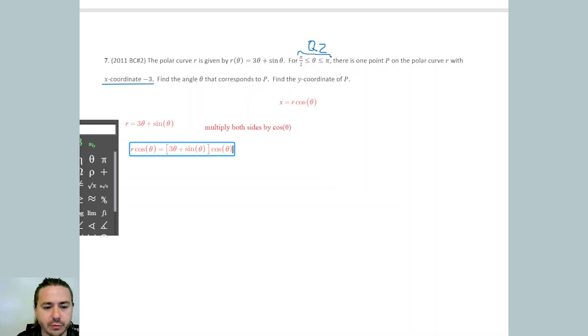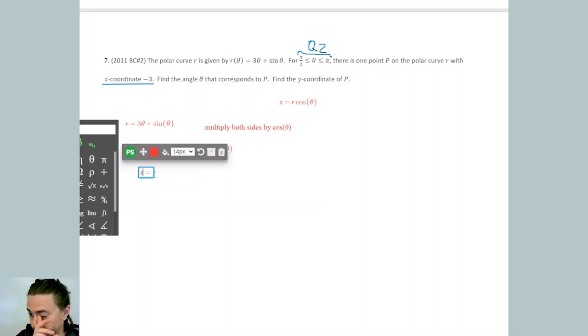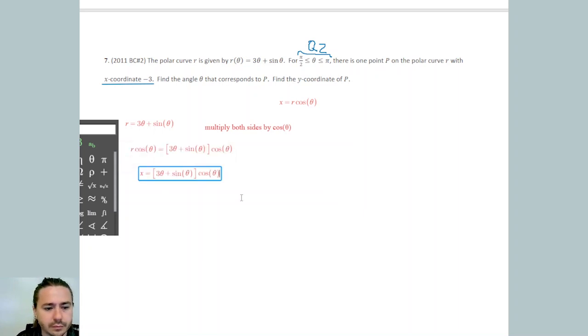So we multiply both sides by cosine theta, and that gives me r cosine theta equals this entire expression, 3 theta plus sine theta, that whole side times cosine theta. The reason I'm doing that is because now I have r cosine theta, and I know the x-coordinate is -3, and r cosine theta is simply x. So I can make that replacement and say -3 equals all this stuff on the right-hand side.